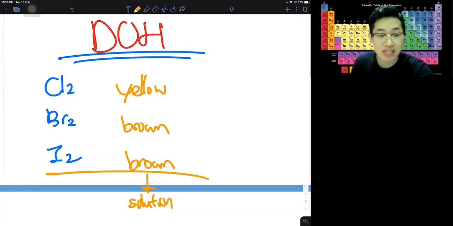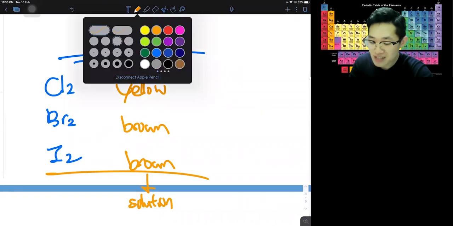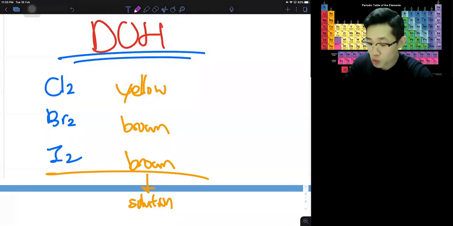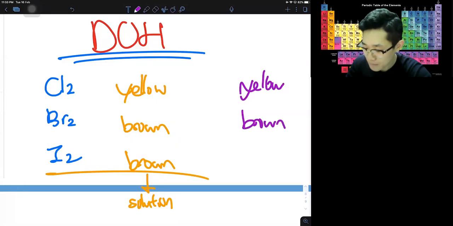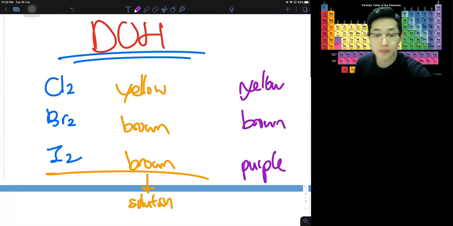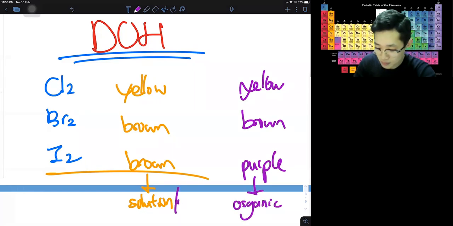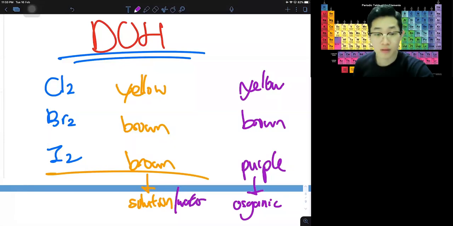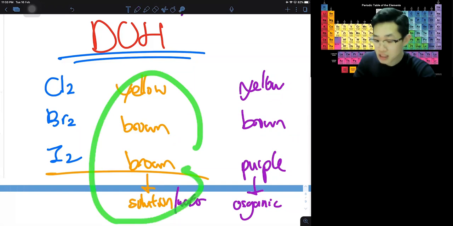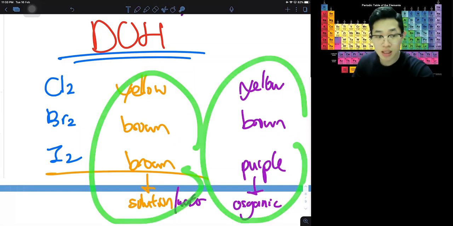But whenever they are in organic solvent, they show yellow, brown, purple. So this is the difference between water and organic solvent.